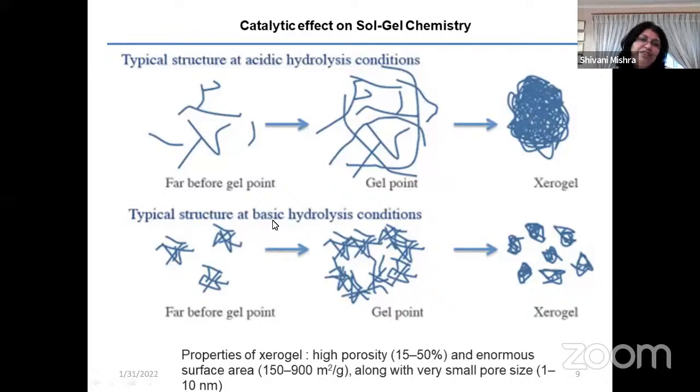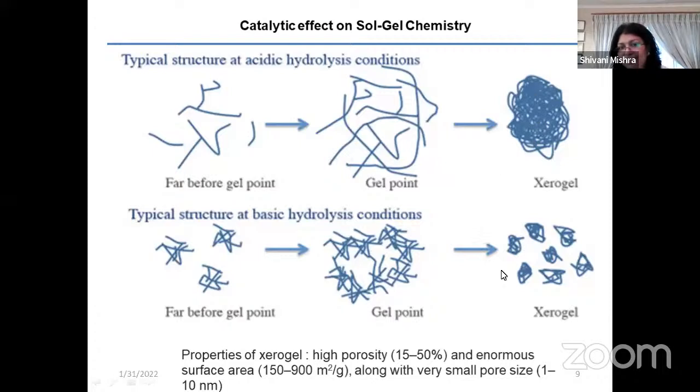Whereas when we talk about the basic hydrolysis conditions here, when we add a base to the same sol, what happens? It starts forming small oligomeric forms right at the beginning. And at the gel point, those small oligomeric networks come closer, they enlarge, and when it becomes a xerogel, we could easily see it's a huge network here.